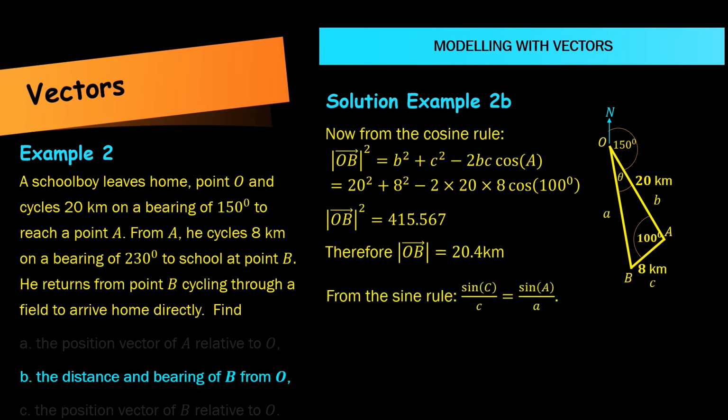Now let's try and find the bearing. The sine rule states that sine C over c equals sine A over a. Therefore, plugging in the values gives us sine theta, as shown in the diagram, over 8 is equal to sine 100 over 20.4.